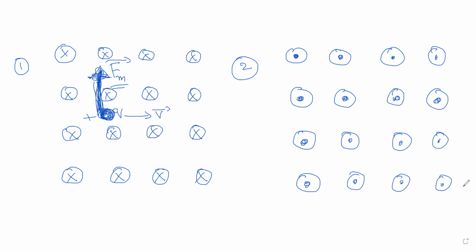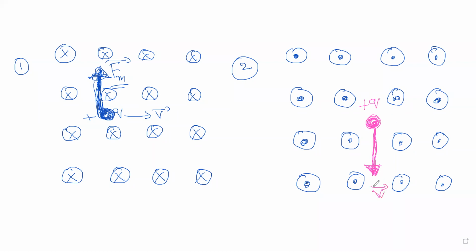Now, this is the positive charge, plus Q. Let's put a different color. It's moving this way.